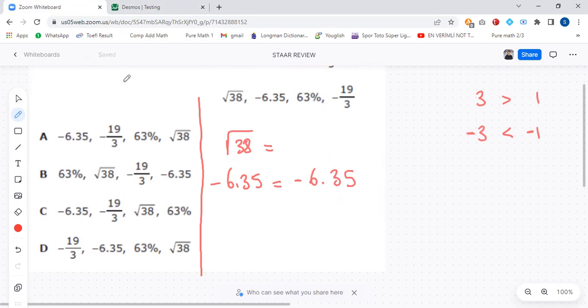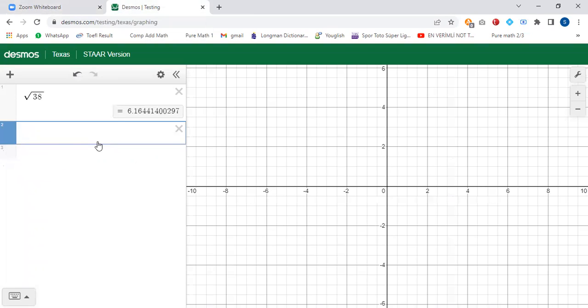63%. Okay, guys, 63%. In your TI Inspire calculator, you can convert this into a decimal. However, here, we don't know what 63% of the number is. If you find 63% of 1, that's going to give you the answer, 0.63.